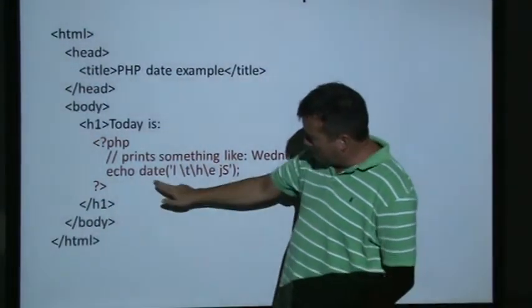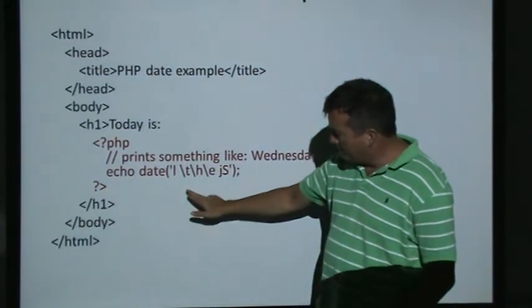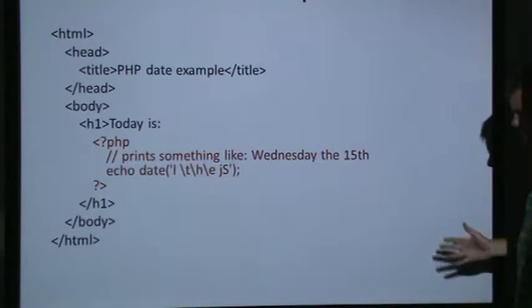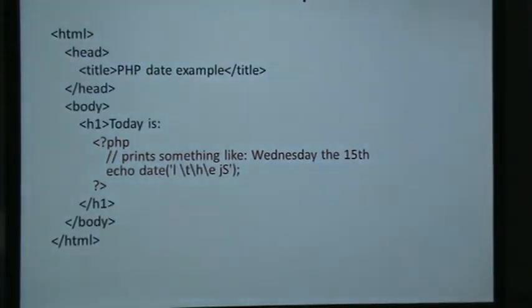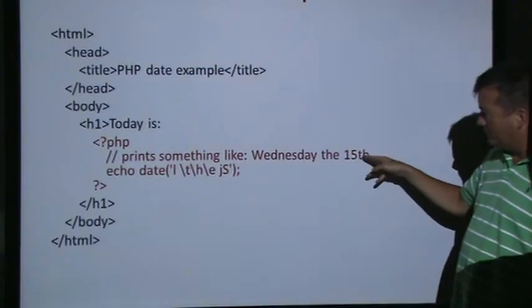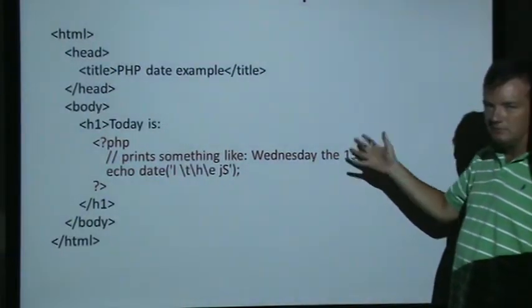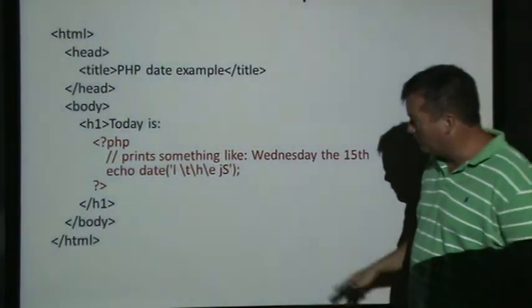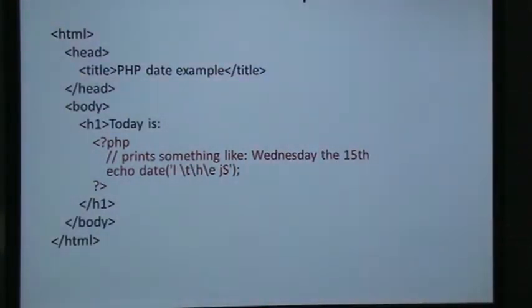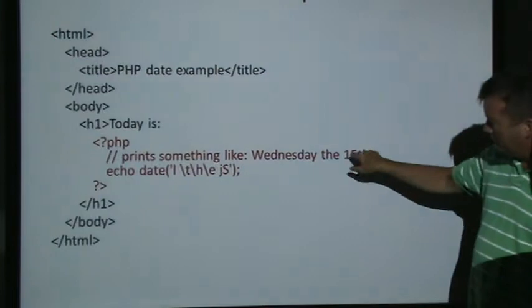So we can call this as a PHP function, and then these are parameters we can add in to have it print out our date in a certain format that we like. We could have the day of the week, the day of the month, what year, minutes, seconds, anything we want, we could put in different features. And so this web page will print out whatever the date is.